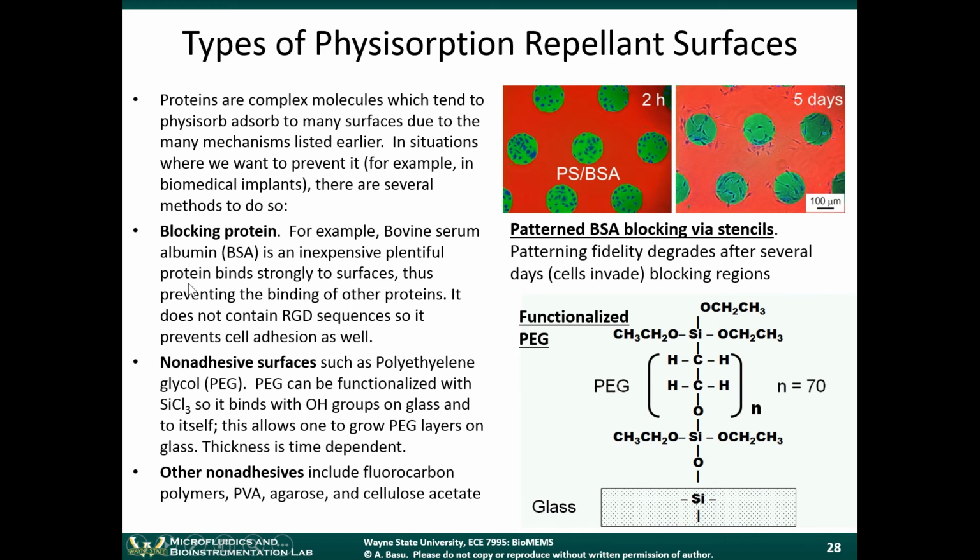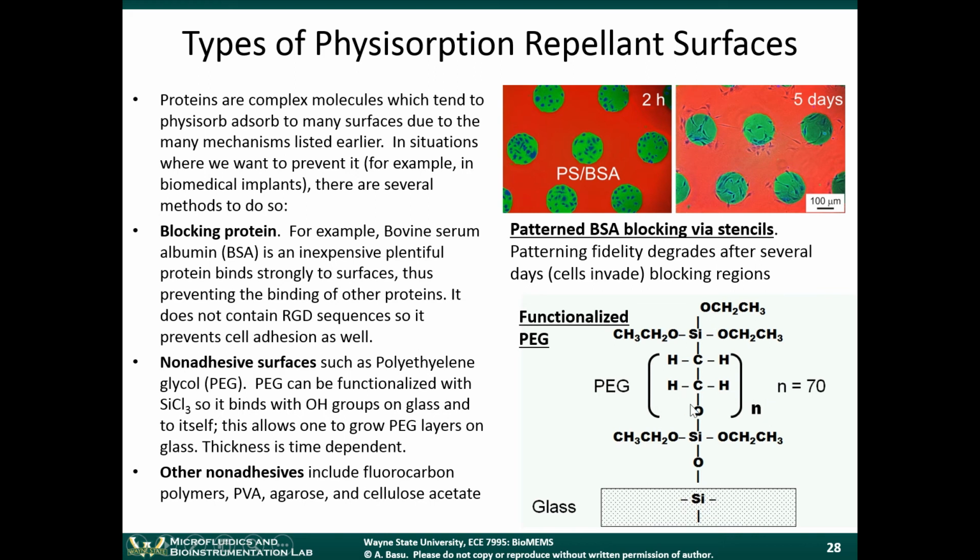Besides BSA, another popular non-adhesive surface is polyethylene glycol. Some biomedical implants use PEG. Some forms of PEG are FDA approved, so it is one of those materials that's well known. PEG is a hydrophilic polymer, and this region of the polymer is called polyethylene glycol because this unit is repeated many times.